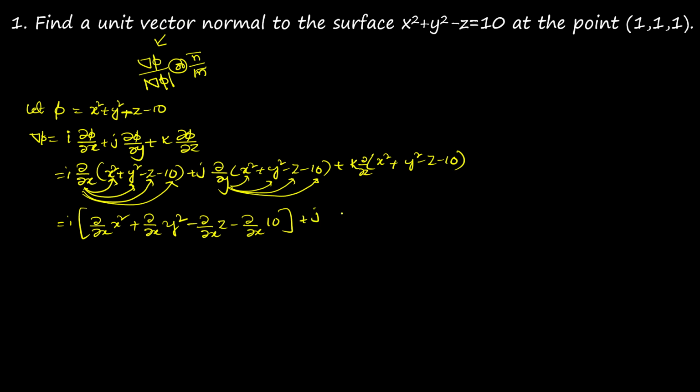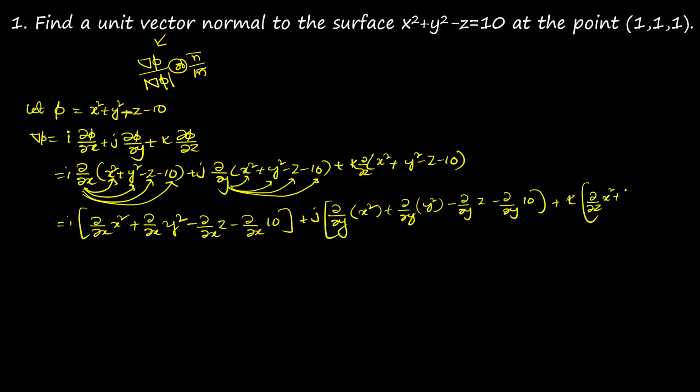Next plus j into dou by dou y of x square plus dou by dou y of y square minus dou by dou y of z minus dou by dou y of 10. Next plus k of dou by dou z of x square plus dou by dou z of y square minus dou by dou z of z minus dou by dou z of 10.